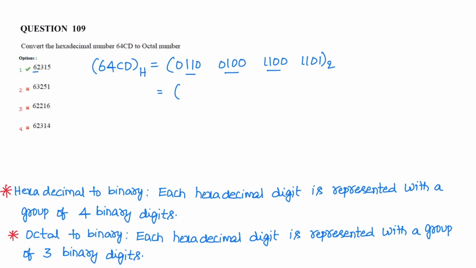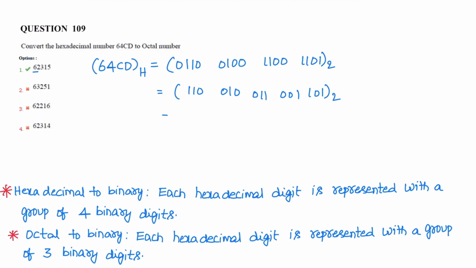Then make a grouping of 3 digits: 110, 010, 011, 001, 101.